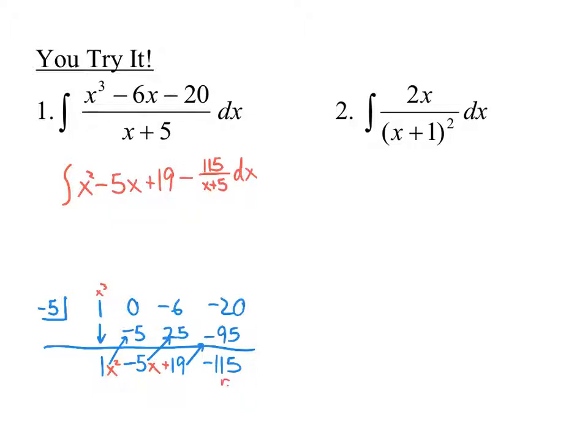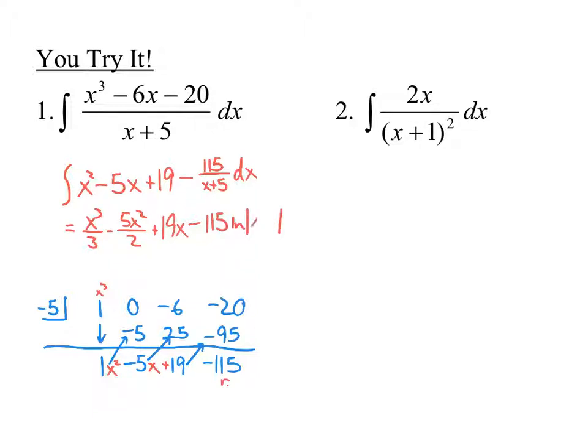This is going to be x cubed over 3 minus 5x squared over 2 plus 19x minus, and then what's the integral of 115 over x plus 5? 115 times the ln of the absolute value of what?